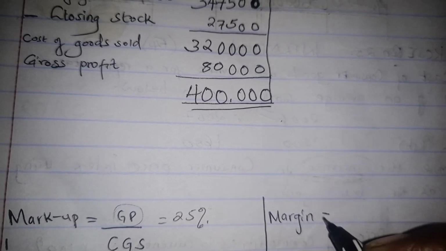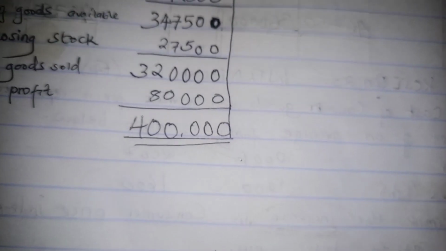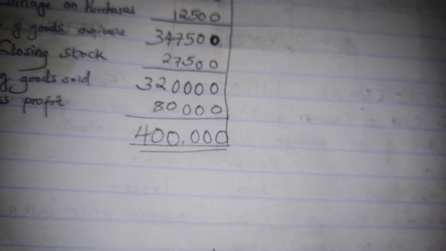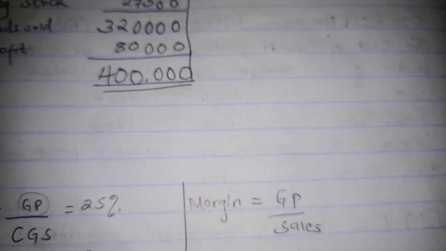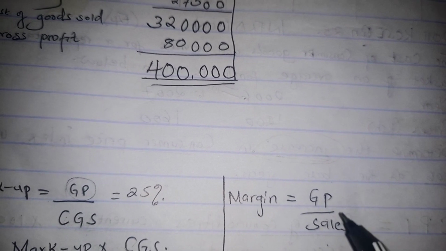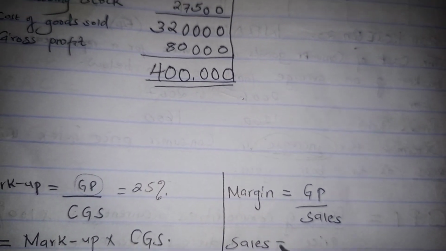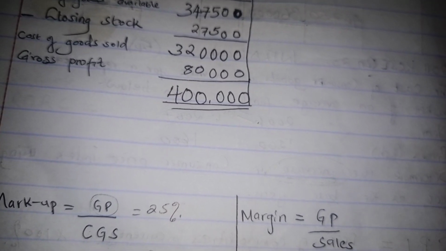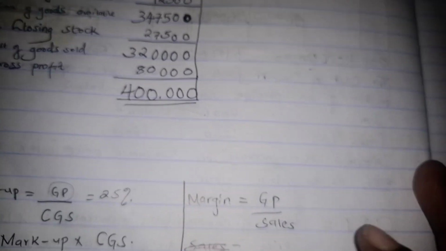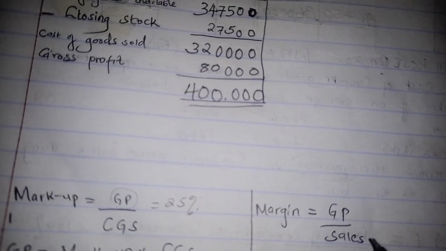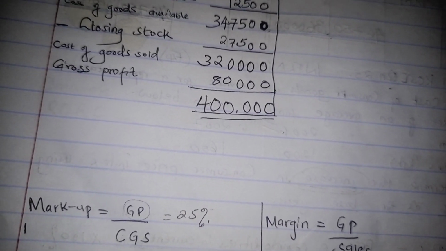I know we are not given margin, but just a small recap. Margin is given by gross profit divided by sales.